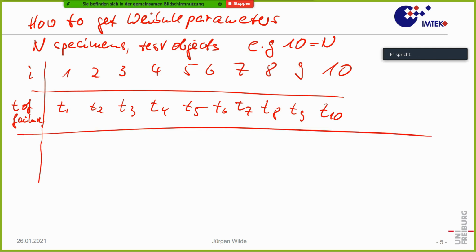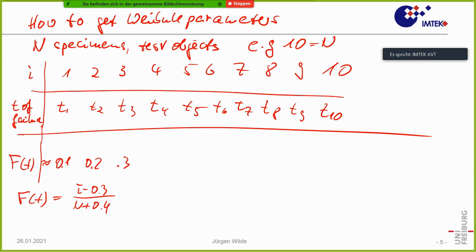So normally you would say when the first of 10 fails, it's 10%, second 20%, and so roughly this is true, and we can write this down. But the correct formula for f of t is it's i minus 0.3 divided by n plus 0.4.